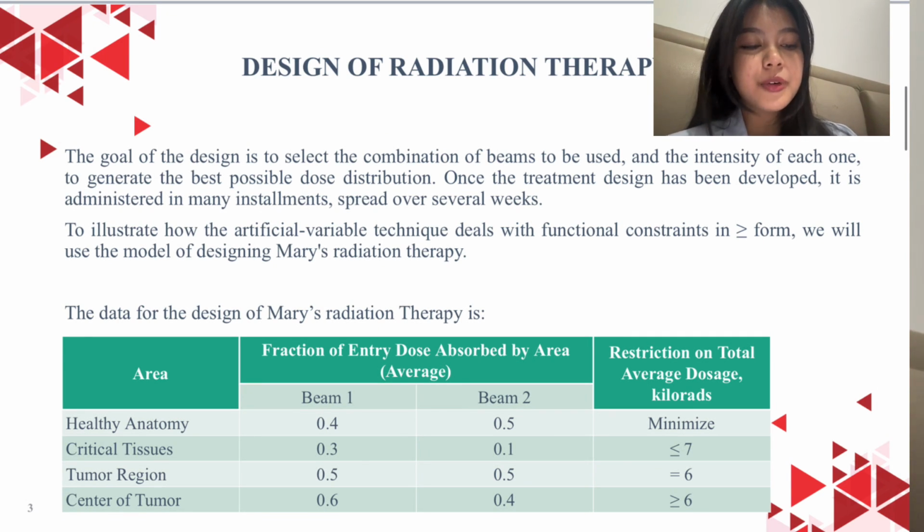For the restriction on total average dosage in kilowatts, for healthy anatomy we have minimize. For critical tissues, we have less than or equal to 7. For tumor region, we have equal to 6. And for center of tumor, we have more than or equal to 6.